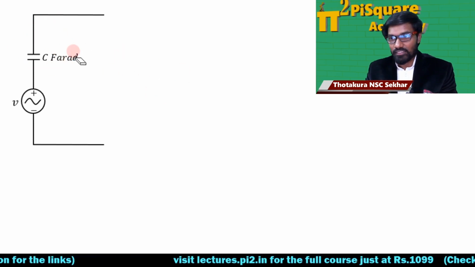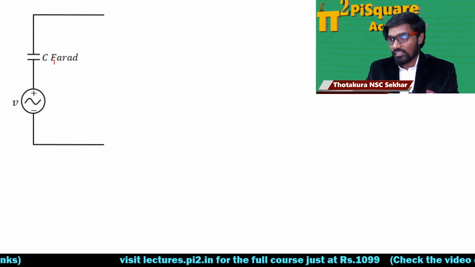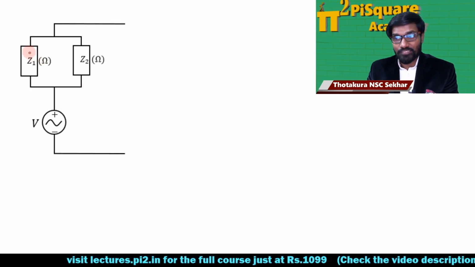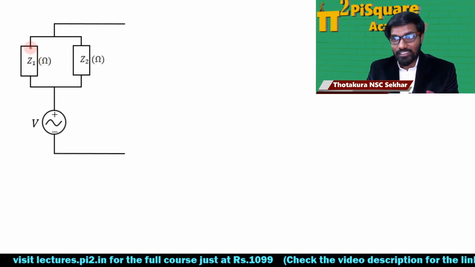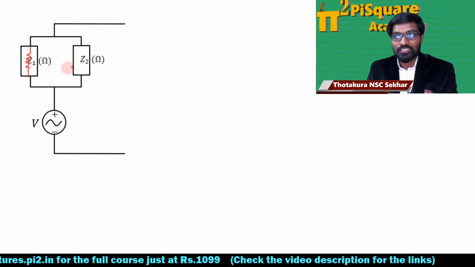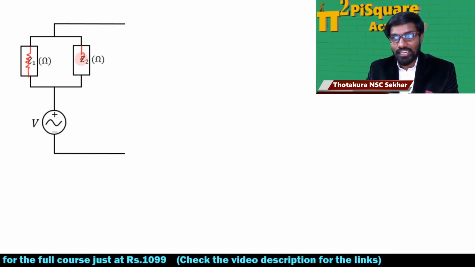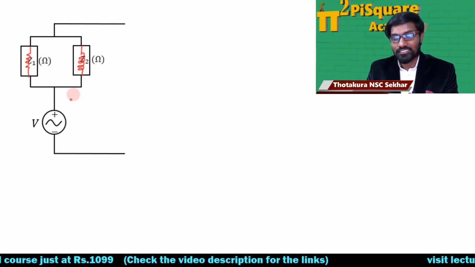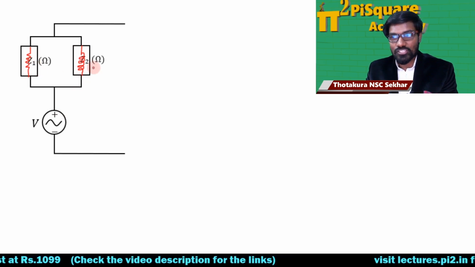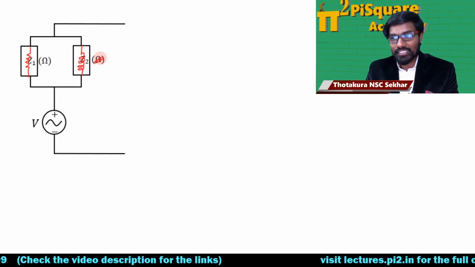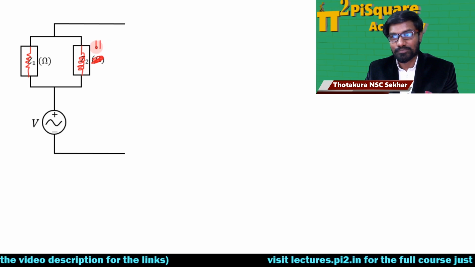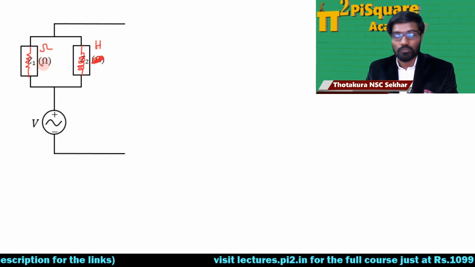I think you're getting these points. And what if, interestingly, we have a resistor and an inductor? The inductor is in Henry and the resistor is in ohm.